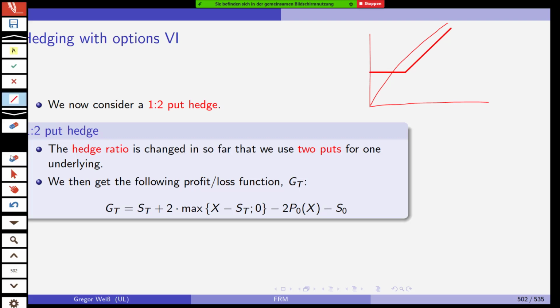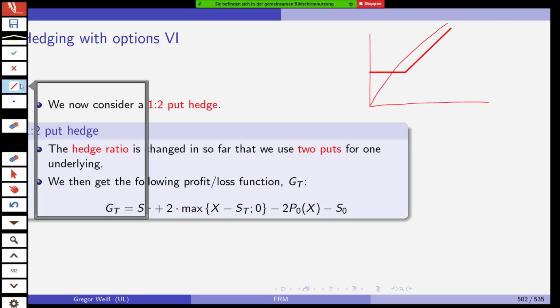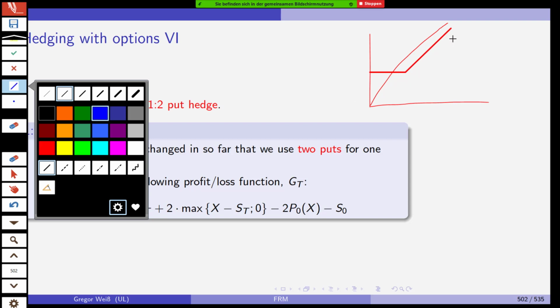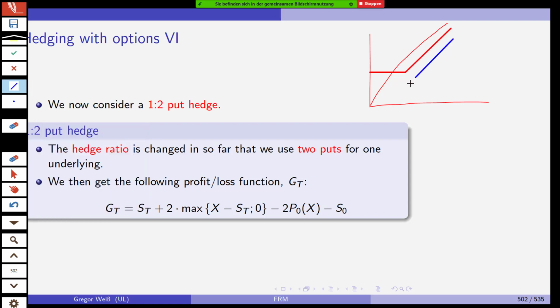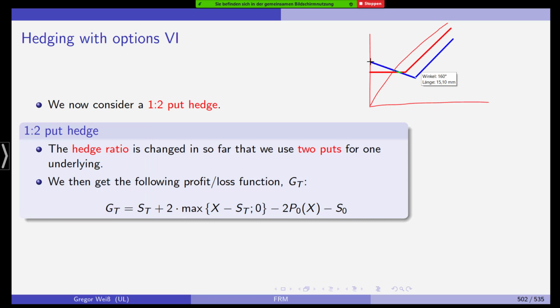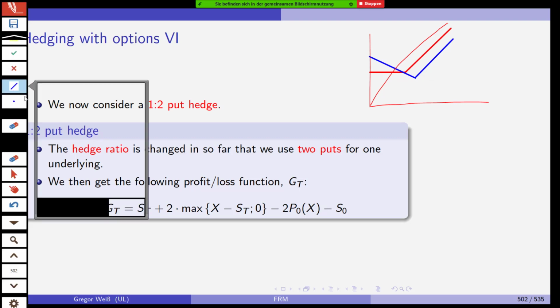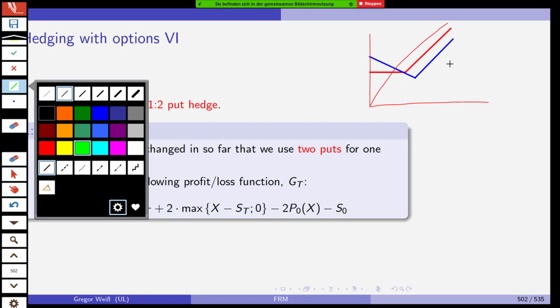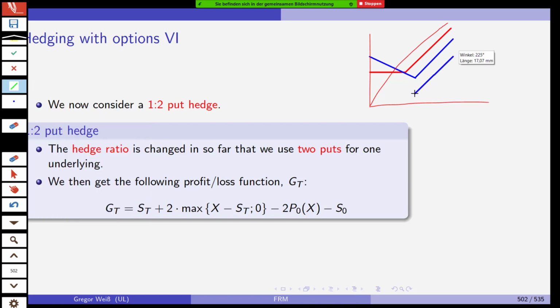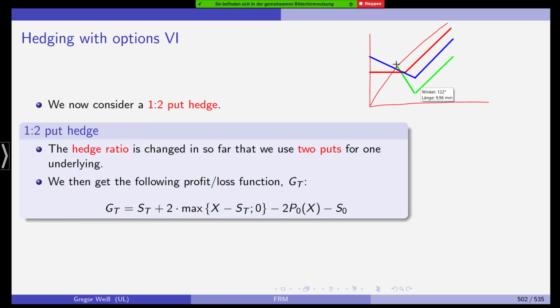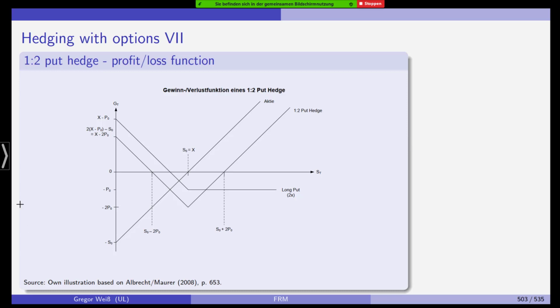If we have a 1-to-2 put hedge, actually, let's use a different color, we have additional costs, but we have a higher hedging effect. If we were to use a 1-to-3 put hedge, maybe, you can imagine where it goes from here. More costs because we have now to buy 3 puts, and the effect will be more extreme, like this. So that's what you can see on this slide here.